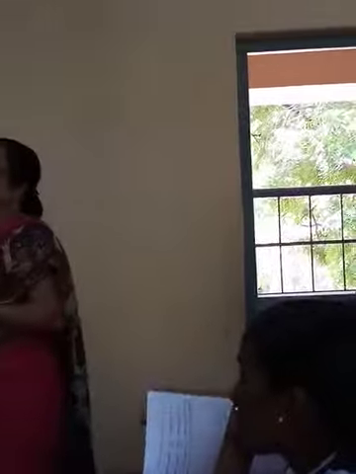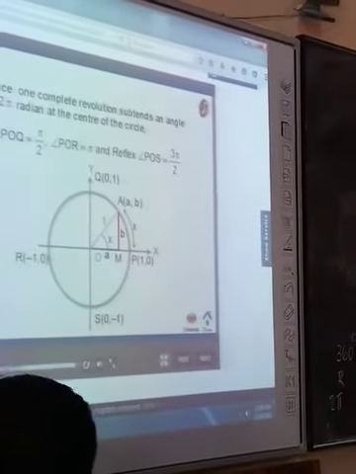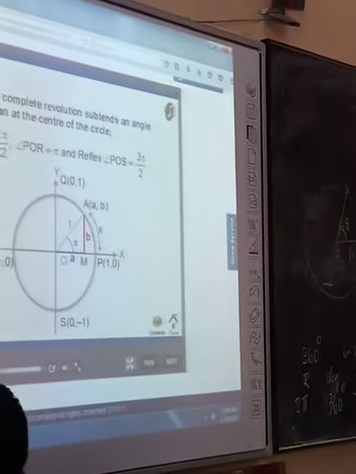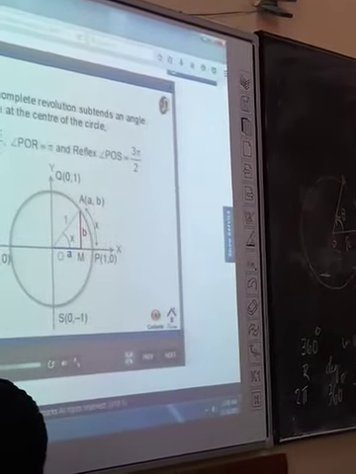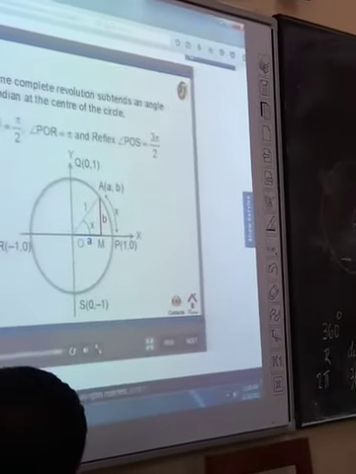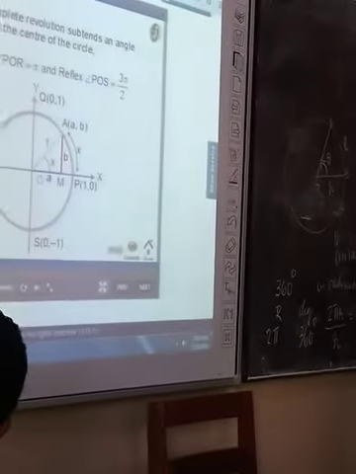Since one complete revolution subtends an angle of 2 pi radian at the center of the circle, angle POQ is equal to pi upon 2. Angle POR is equal to pi and reflex angle POS is equal to 3 pi upon 2. See, angle POQ is 90 degrees, which is pi by 2 radians.